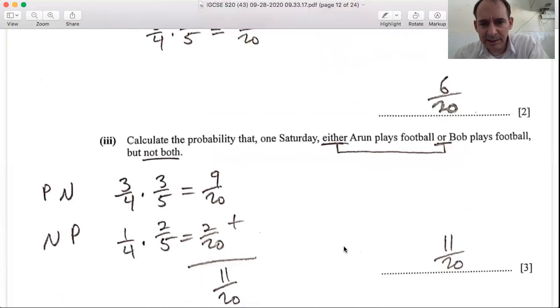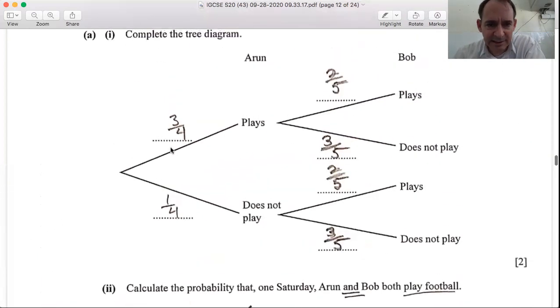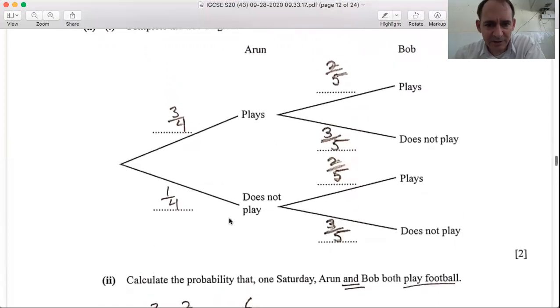Calculate the probability that one Saturday either Arun plays football or Bob, but not both. So if Arun plays, that's 3/4, but not Bob, would be times 3/5. If Arun does not play, but Bob does play, it's 1/4 times 2/5.